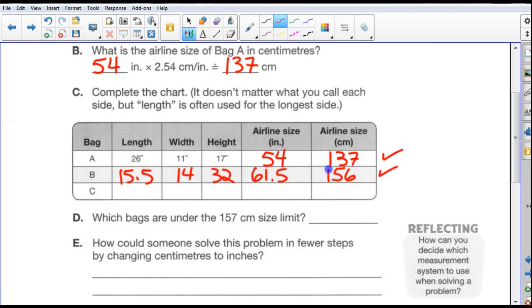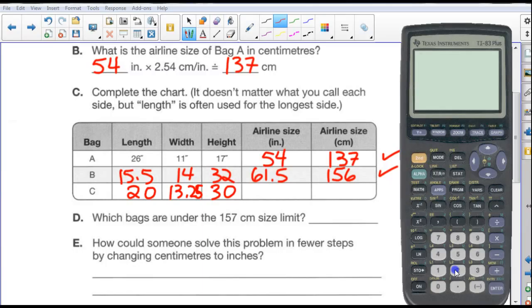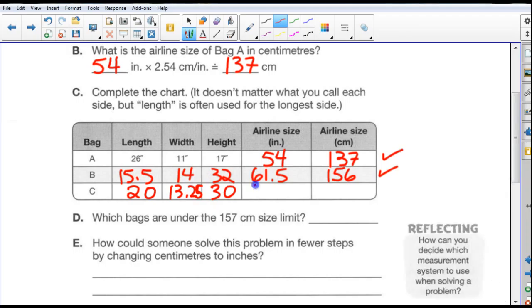Let's go to bag C. Our length is 20. Our width is 13 1/4 or 13.25. And our height is 30. So let's add up all those dimensions. We get 20 plus 30 plus 13.25, and we get 63.25.